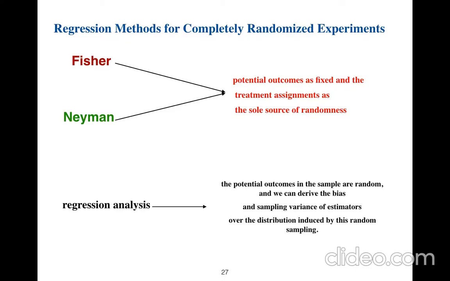And there is an alternative, regression analysis. So Fisher and Neyman, they both say that potential outcomes are fixed. We fix the potential outcomes. And the treatment assignment is the only source of randomness.